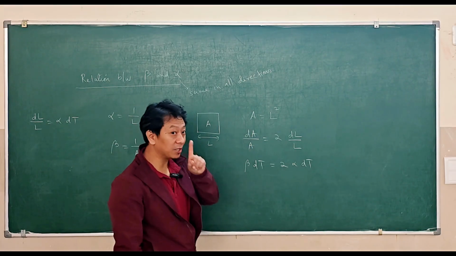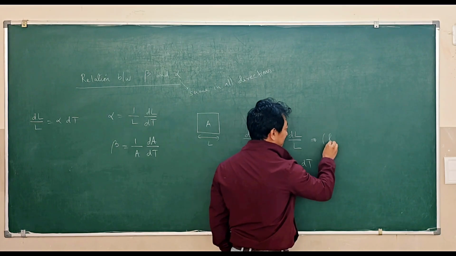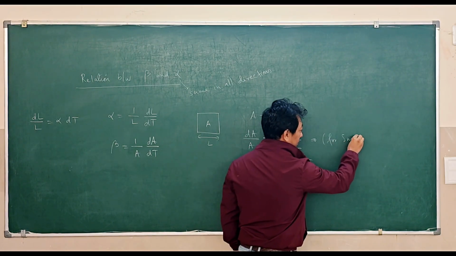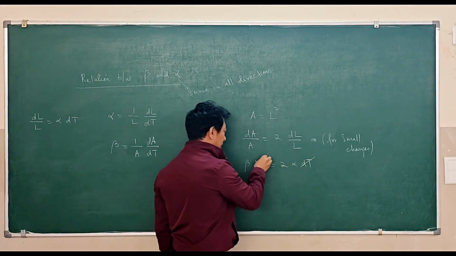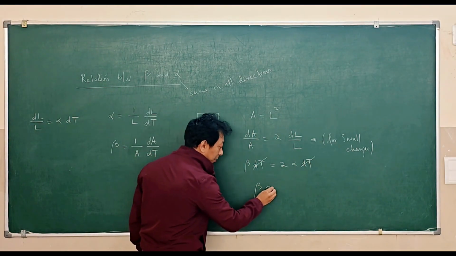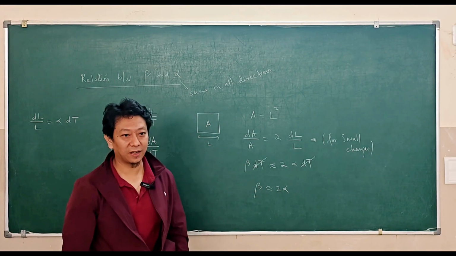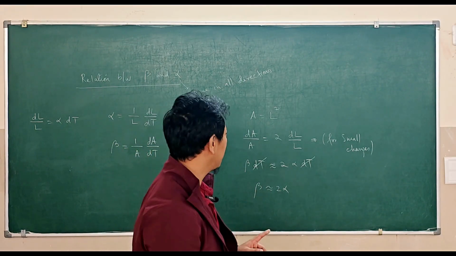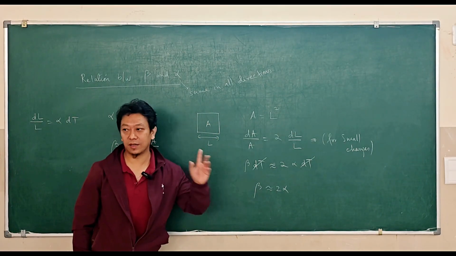But these are true only for small changes, remember. Better to write here, for small changes. That means if I cancel dt, what will I get? Beta is approximately, because these are true for small changes, not exactly, twice alpha.